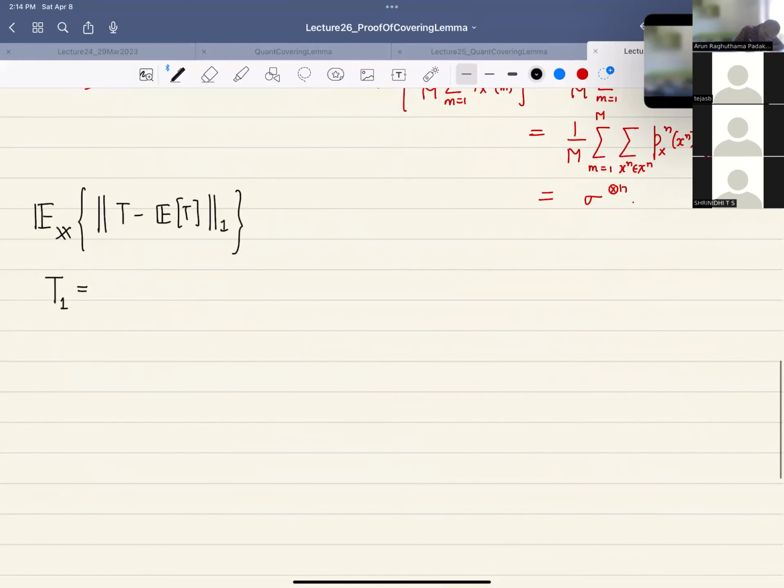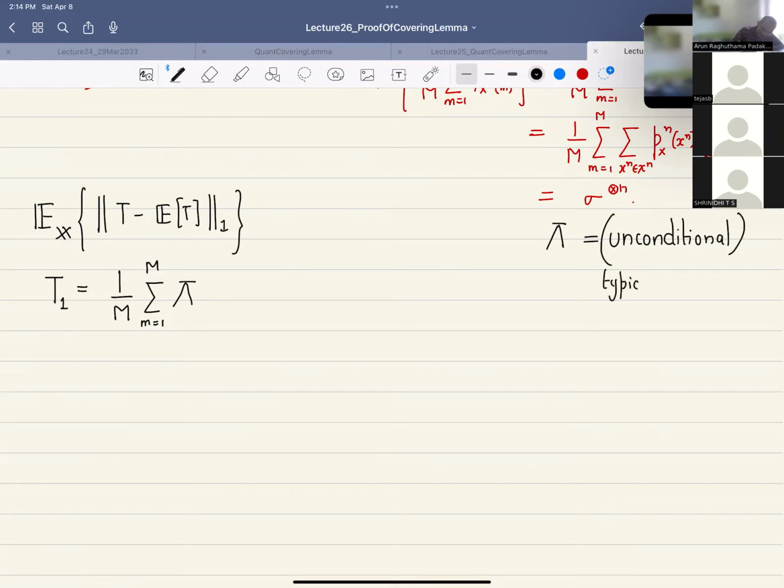Let T1 be, with m equal to 1 through capital M, quoted with pi. Pi is the unconditional typical projector of sigma. I don't need to write the word unconditional, but I'm writing it just to contrast it with the conditional.